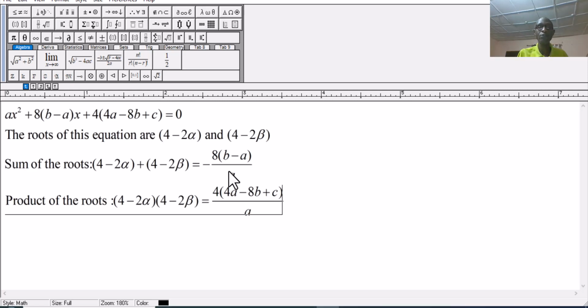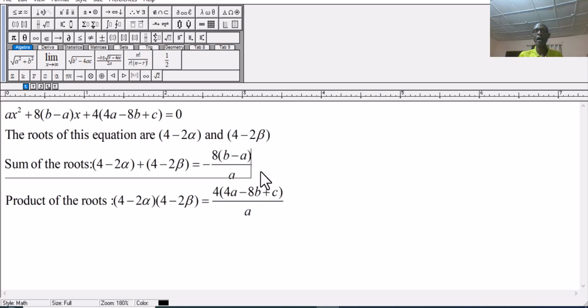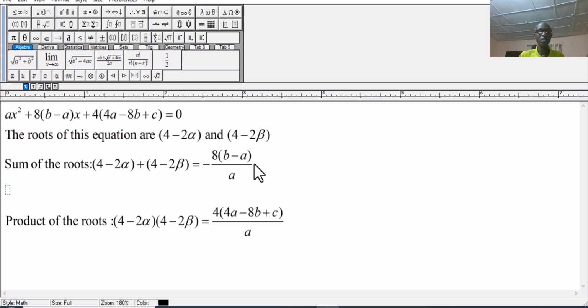So we write this. Remember, we are looking for alpha plus beta. That will be the sum of the original roots of the particular equation from which this one was derived. So we want to look for that. Let's start with the sum of the roots and simplify this.